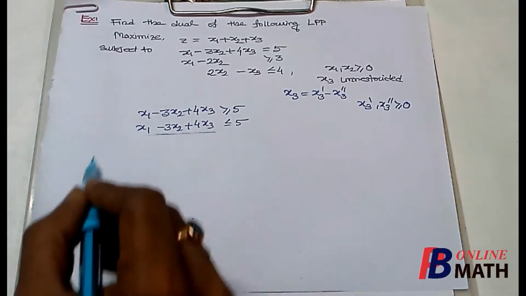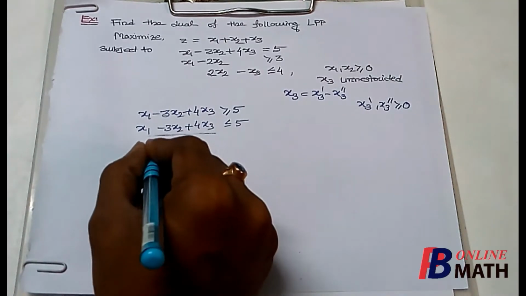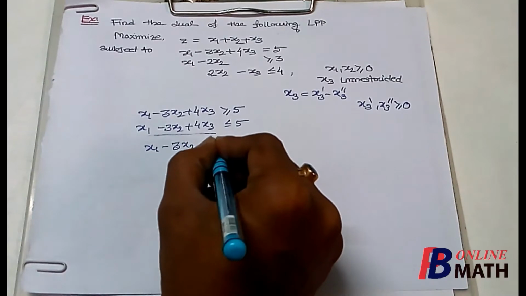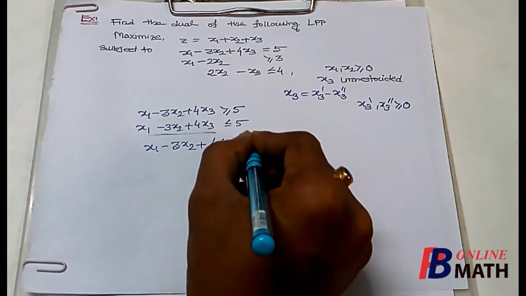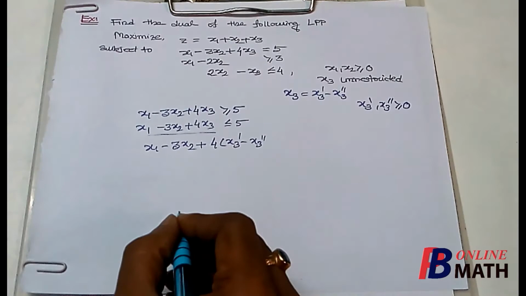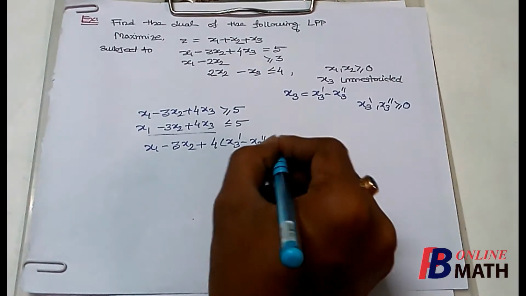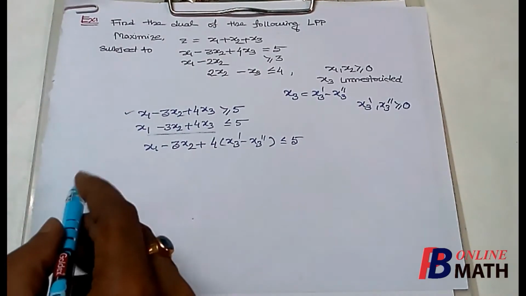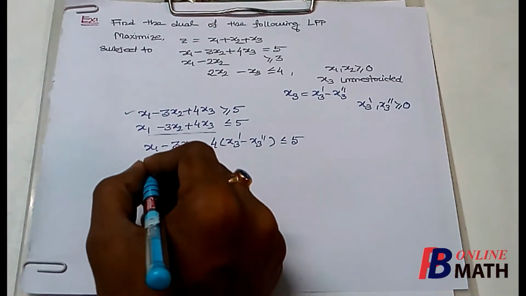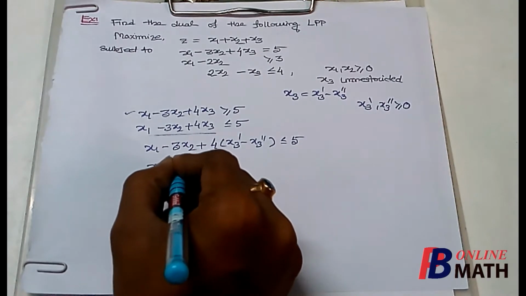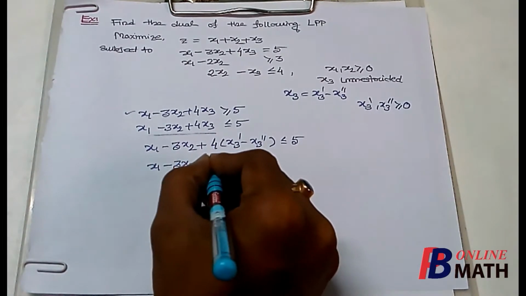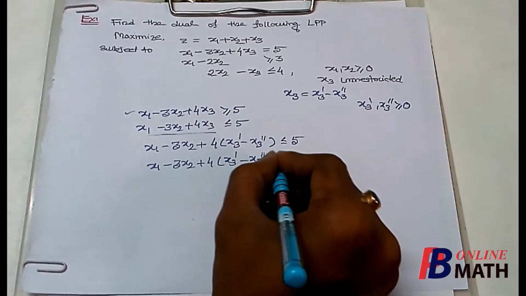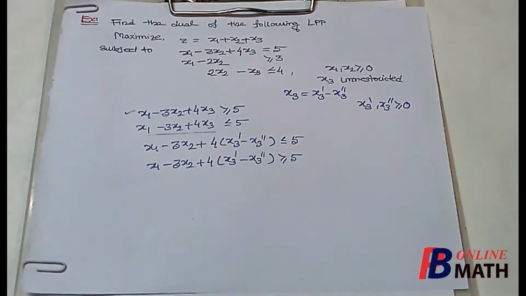Now this constraint can be written as x1 minus 3x2 plus 4 into x3 dash minus x3 double dash, which is less or equal to 5, and this constraint can be written as x1 minus 3x2 plus 4 into x3 dash minus x3 double dash, it is greater or equal to 5.